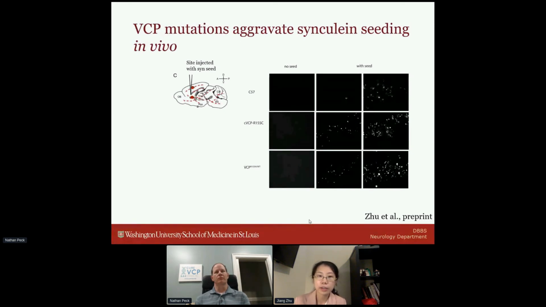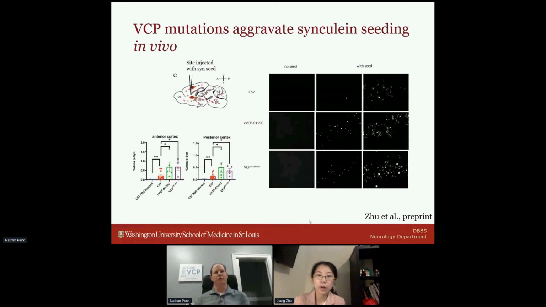Here is a cortex area, but it happens throughout the brain as well. In comparison, in our two different VCP disease models, we see a significant increase of alpha-synuclein deposits. And it is quantified in different areas of the brain.